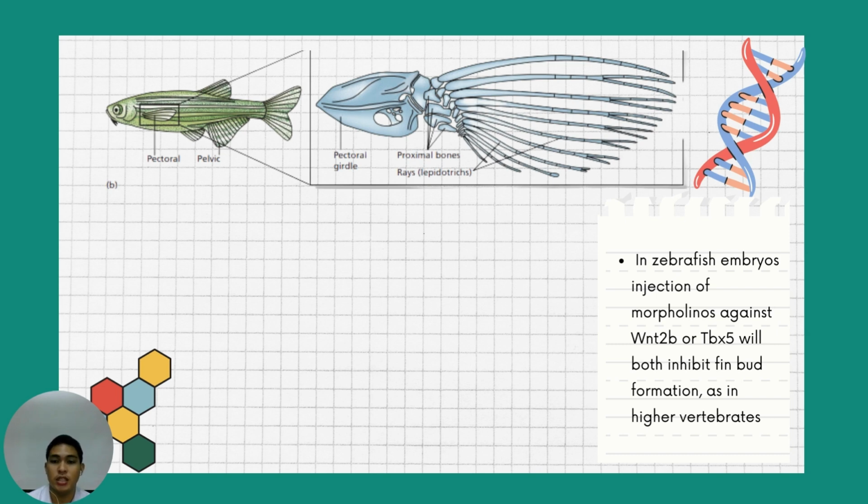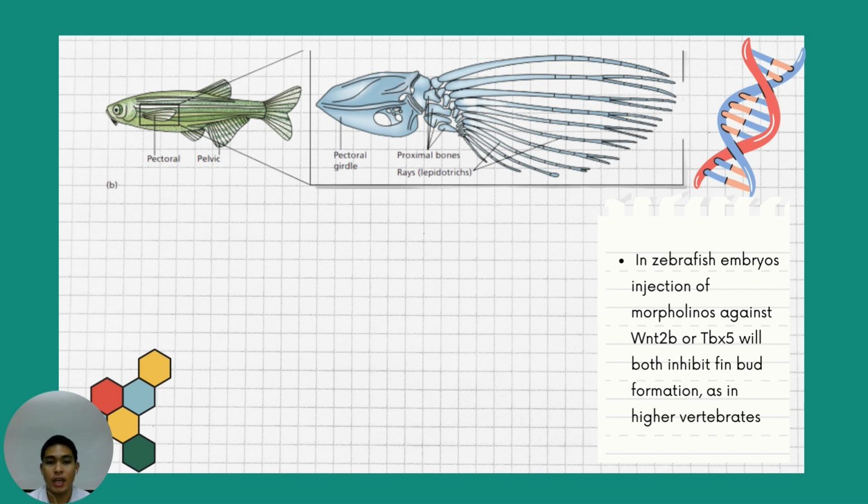During the early fin bud outgrowth, there is an apical ectodermal ridge expressing FGF genes and a posterior region expressing SHH, which is very similar to the tetrapod limb bud, but during this phase are laid down four parallel cartilage elements, which later ossify and serve as the attachments for the fin rays.